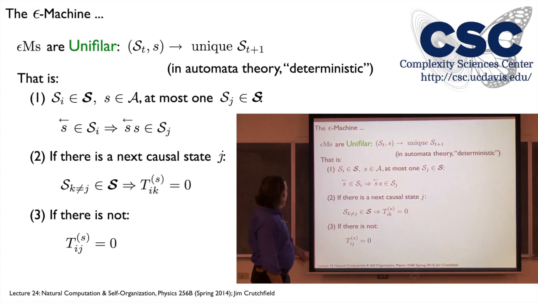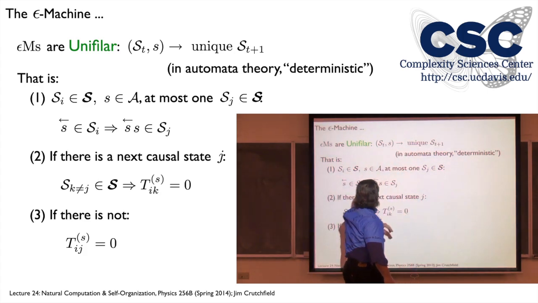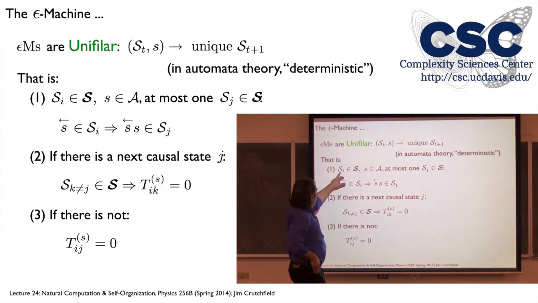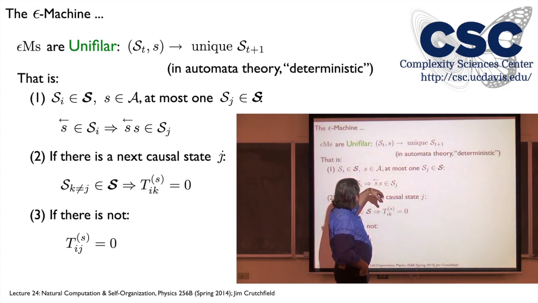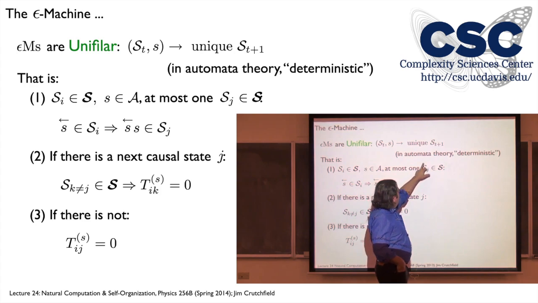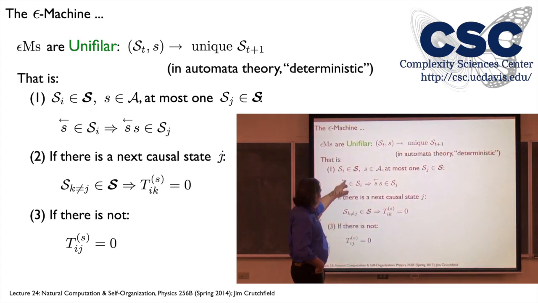Okay, so what does this mean? Now we have to say what this property is more formally. So assume we're in state I, and then we observe some symbol. What does it mean that we see at most one successor causal state? Well, it means that if I'm in this causal state I, I pick one of its histories, okay?